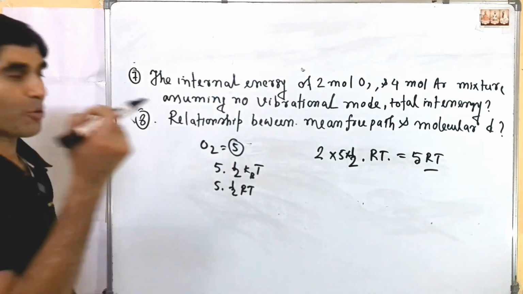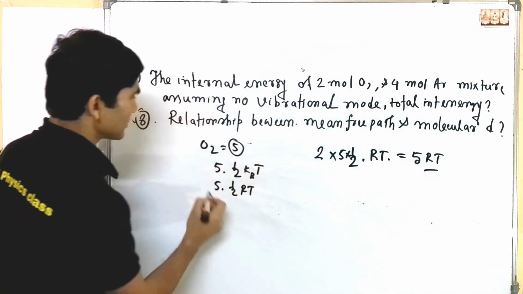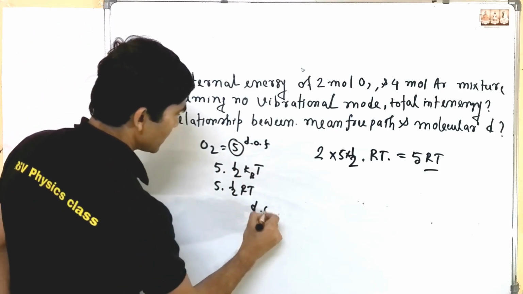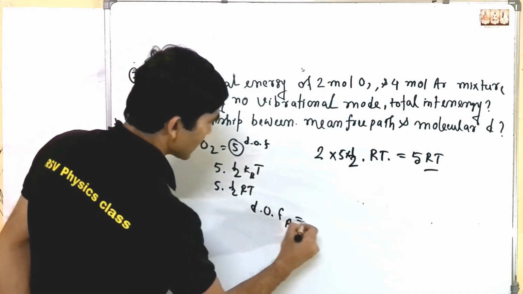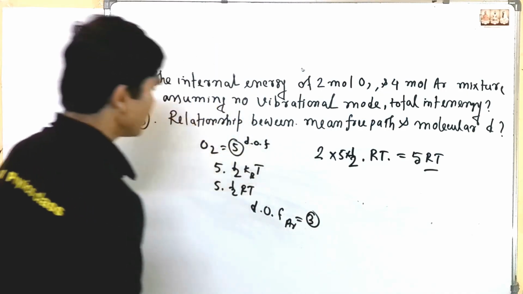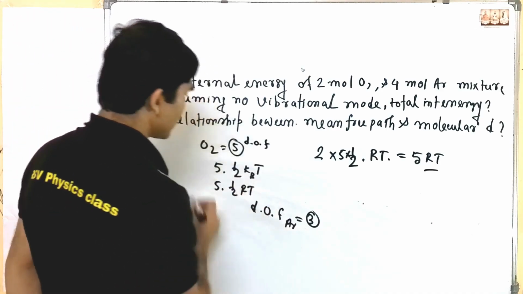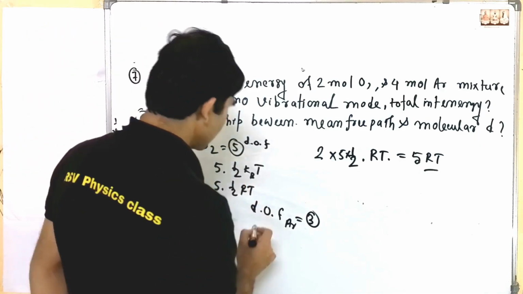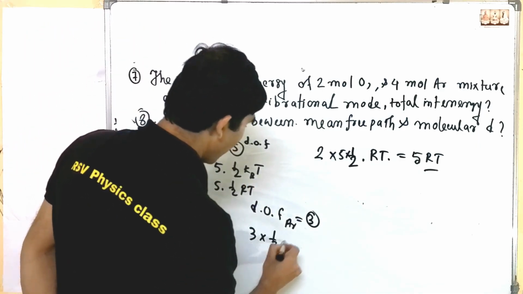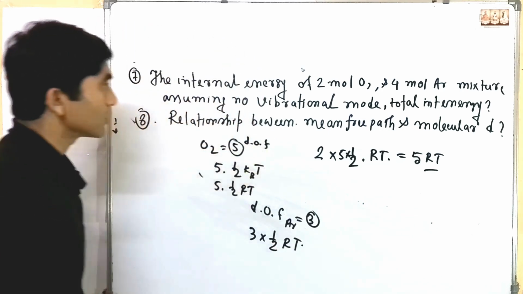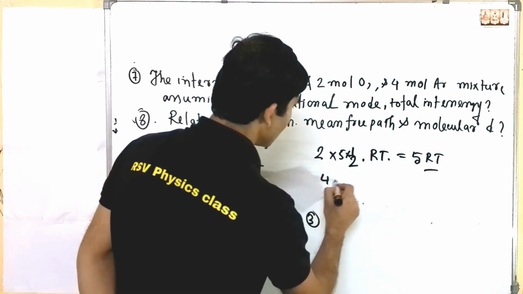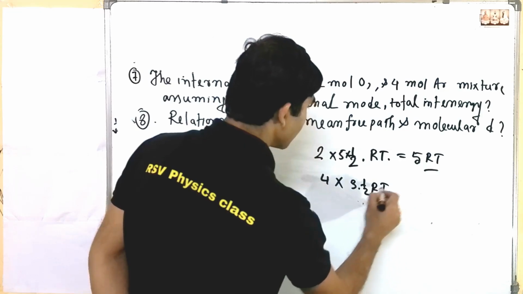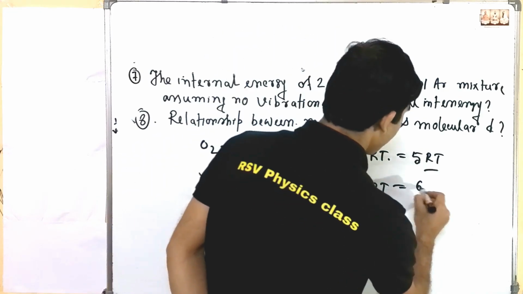So argon is a monoatomic molecule, so degrees of freedom for argon, DOF for argon is how much, 3, है ना। So इसका internal energy जो kinetic energy कितना होगा आपका, basically 3 into half RT, है ना। So 4 mole के लिए कितना होगा, 3 into half RT, so this is 6 RT.